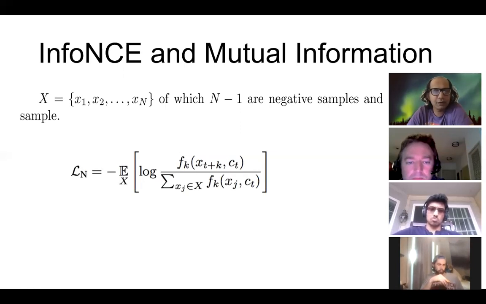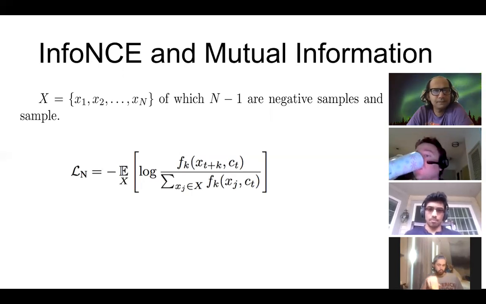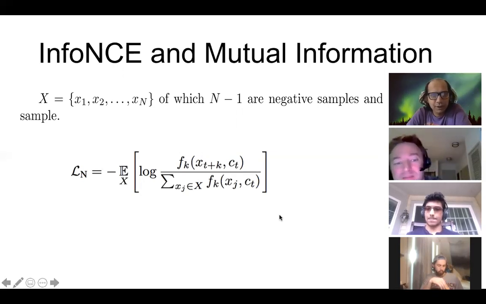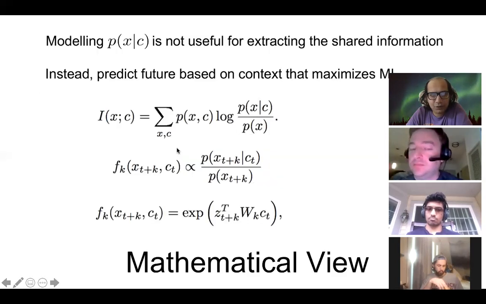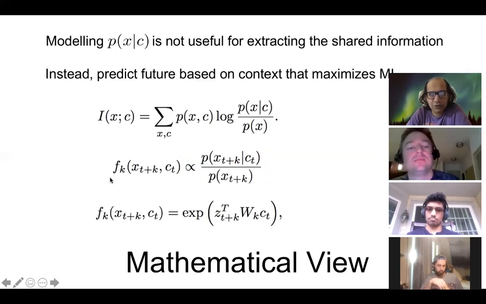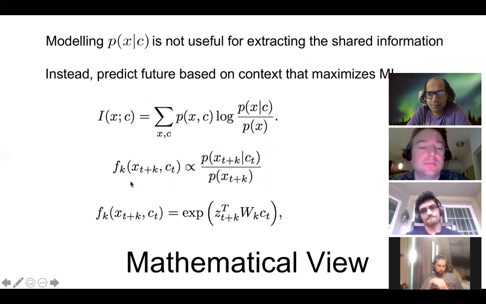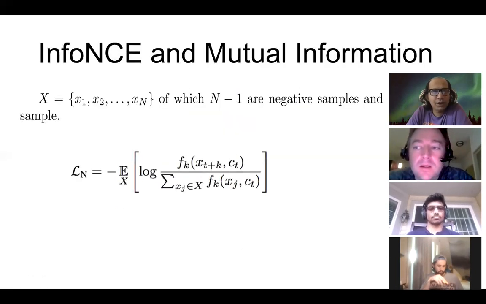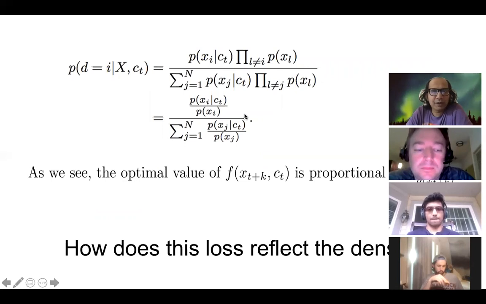This is basically categorical cross entropy loss. And please keep in mind that this numerator is actually the density ratio they wanted to estimate. So with this, they are trying to predict the only one positive sample in the given set of samples.